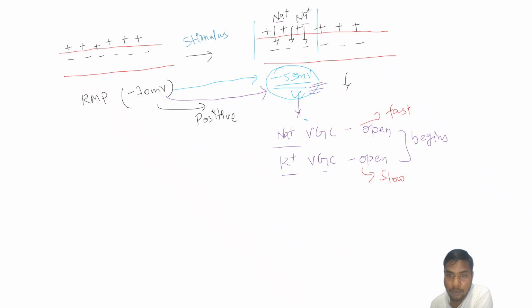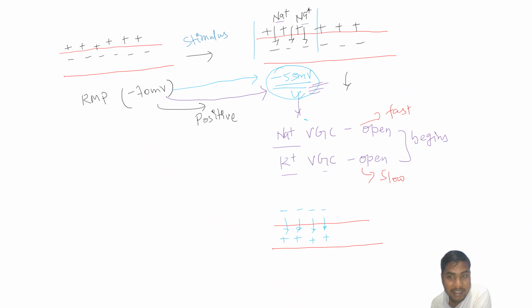At minus 55 millivolts, the voltage gated sodium ion channel opens and lets sodium ion inside. More and more sodium ion goes inside, and that's why the membrane potential changes: the inside becomes more positive and the outside becomes negative.